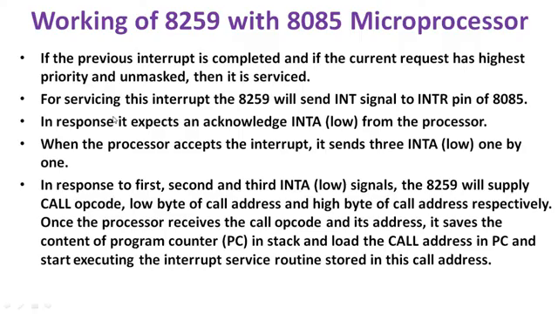So if IR0 is activated and no interrupt is being serviced right now, then the 8259 will first generate the INT signal, the interrupt signal, to 8085, so that 8085 will understand that some interrupt is activated and we have to switch to one of the ISRs. The 8085 doesn't know which ISR it has to jump to, so it demands the ISR address from the 8259.